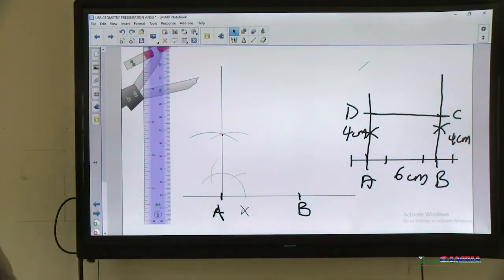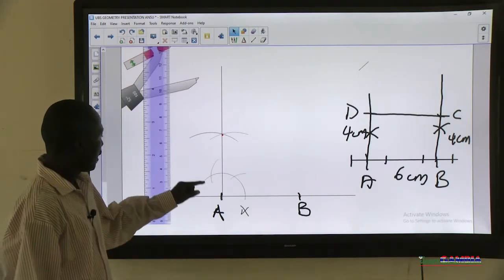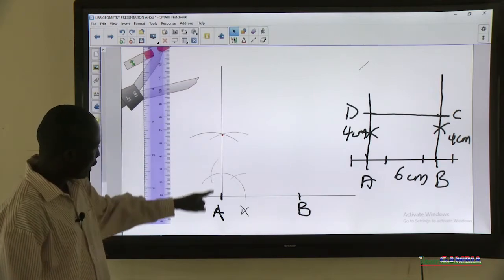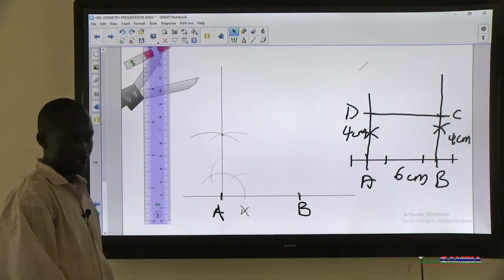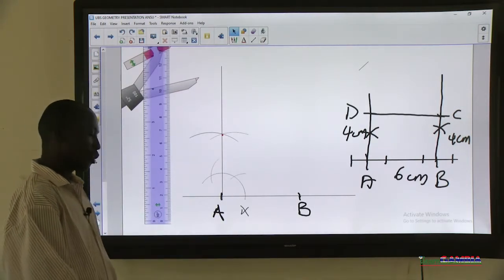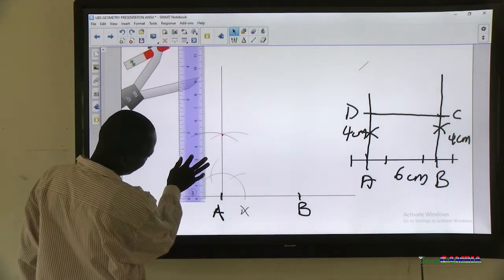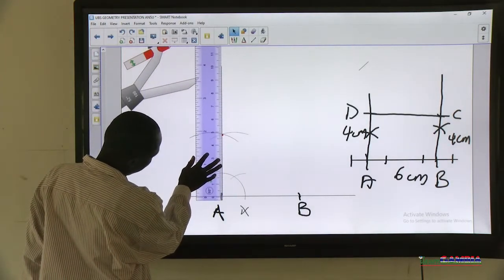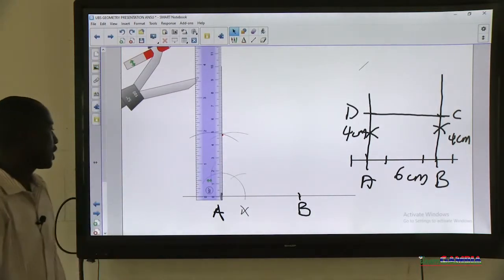Now, what do we do? We have to mark a point on that straight line which will be equal to 4 centimeters, because that is the other side of the rectangle that we are supposed to construct. So we take our ruler, measure 4 centimeters.